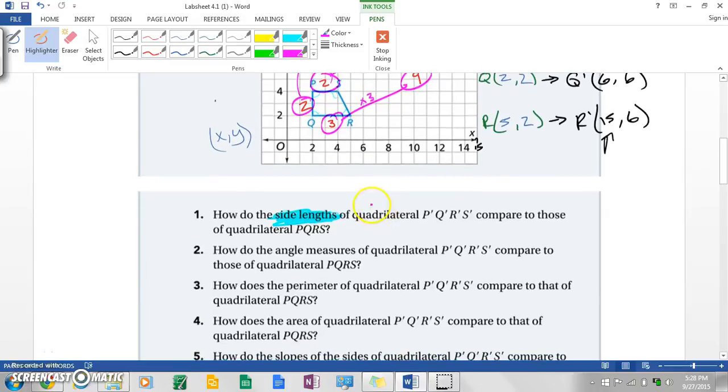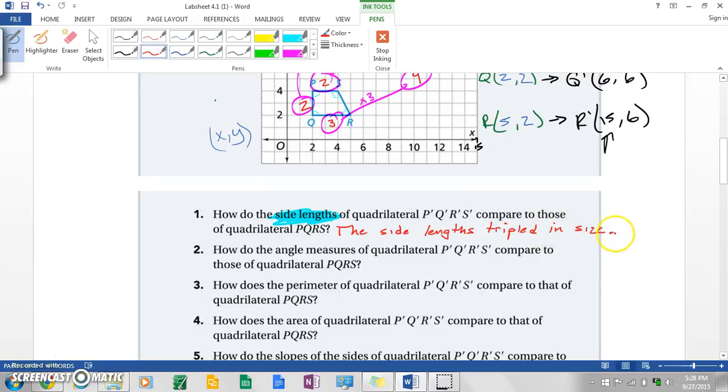So what we're going to say for number 1 is the side lengths tripled in size.